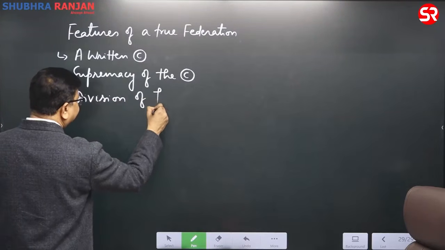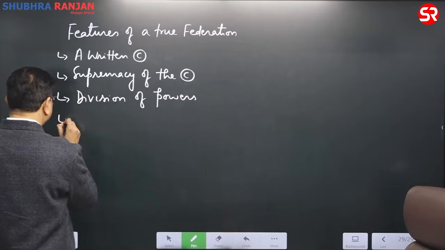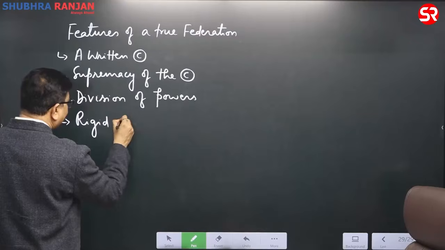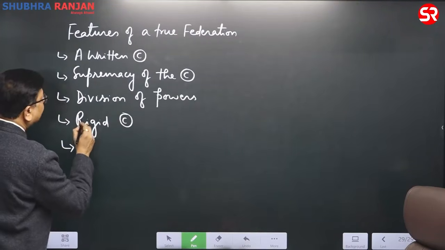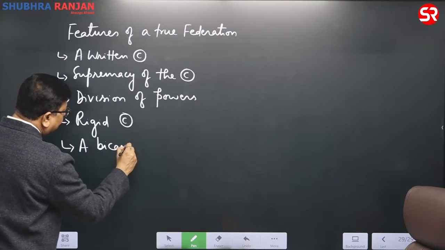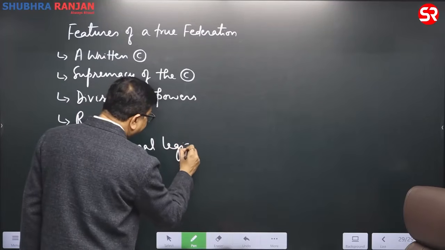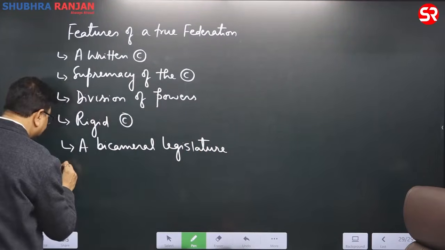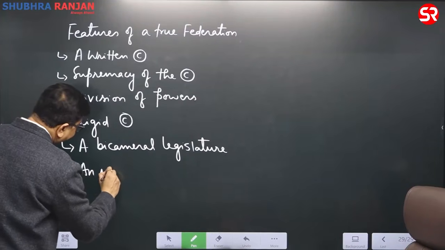Division of powers, rigid constitution, a bicameral legislature, and an independent judiciary.